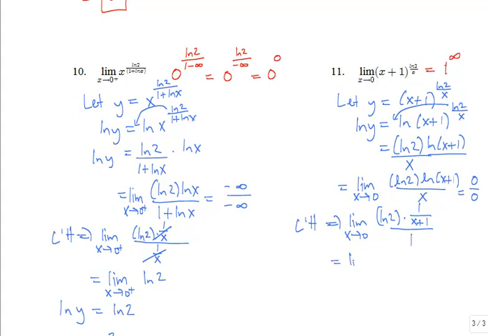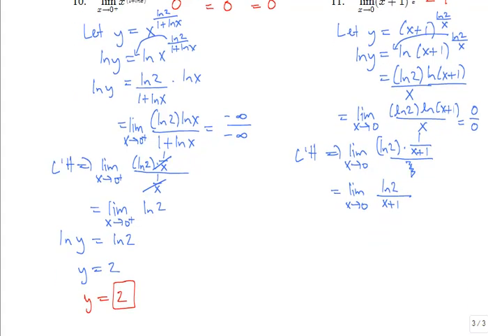So this is really looking like x plus 1 in the bottom. I don't need this 1 at all in the denominator, and this ln of 2 is in the top. So now if I plug in 0, I have ln of 2 still in the top, and 0 plus 1 is going to stay 1. So this is just ln of 2.